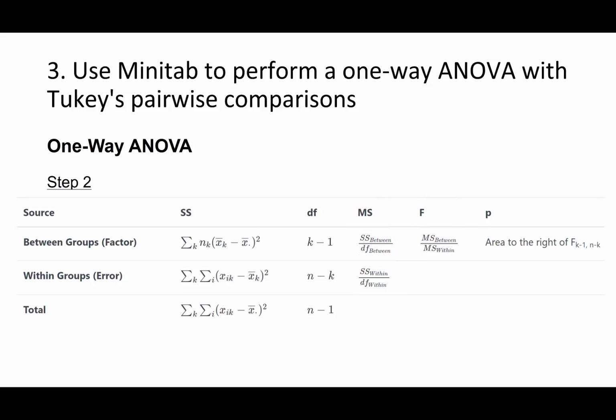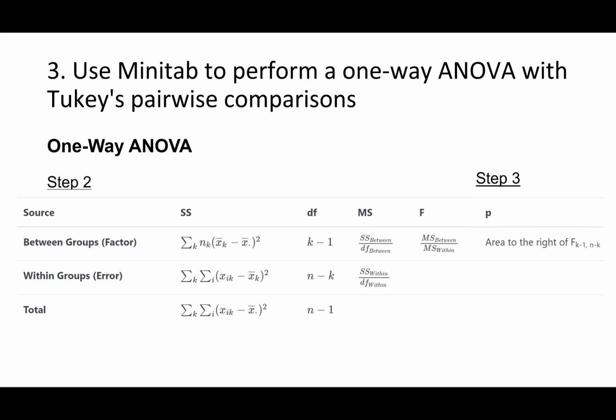The last column in the ANOVA source table is the p-value. Like I said, if you're using Minitab Express or statistical software, it will make that F distribution for you with k-1 and n-k degrees of freedom to find the area to the right of your test statistic, which is the p-value.